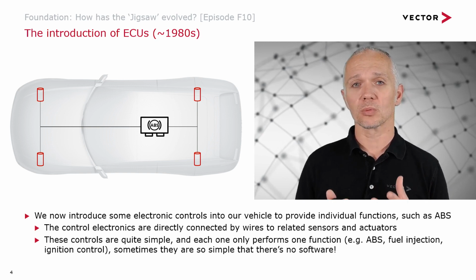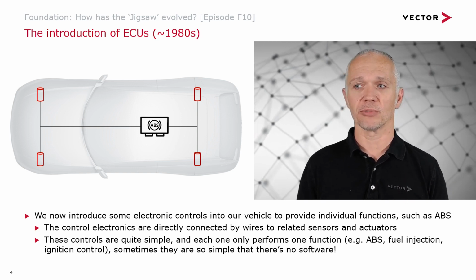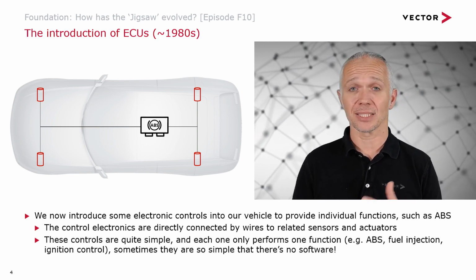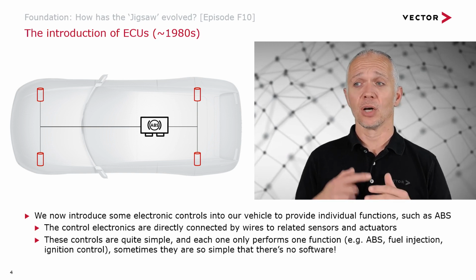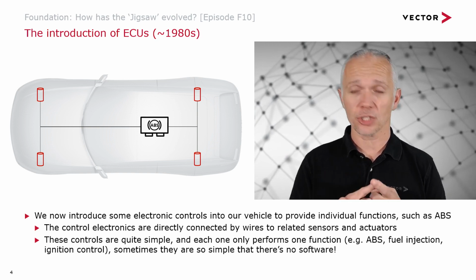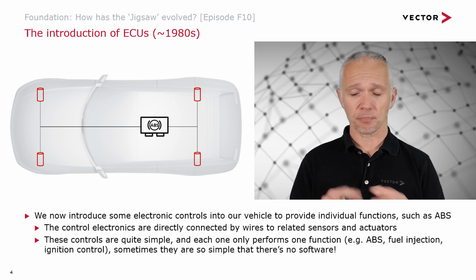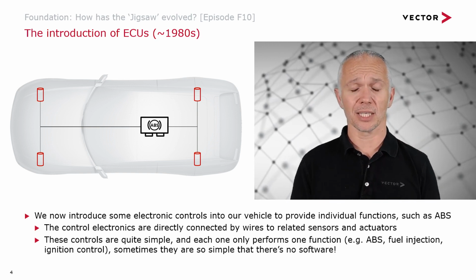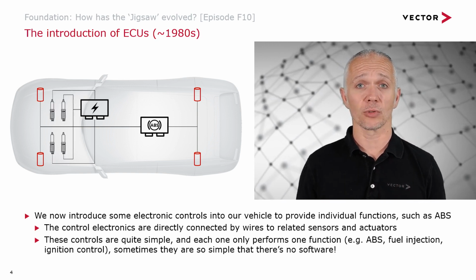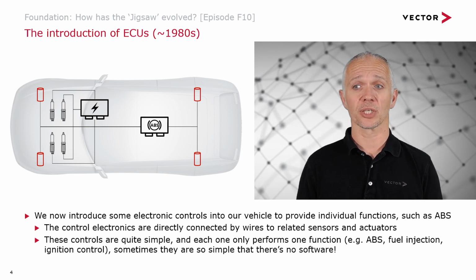Each one will certainly only perform a single function, such as our anti-skid braking system. We may also have a fuel injection control, little box for that, and ignition control, of course, connected up to the spark plugs.